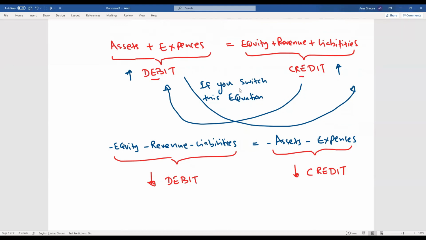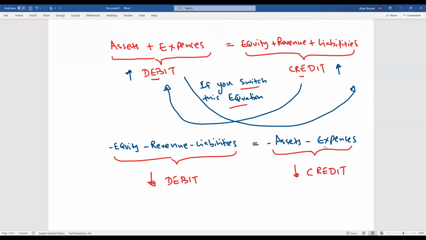So if you bring this whole equation to the other side, this will become minus equity, minus revenue, and minus liabilities. And if you bring assets plus expenses to the other side, it will be minus assets and minus expenses.